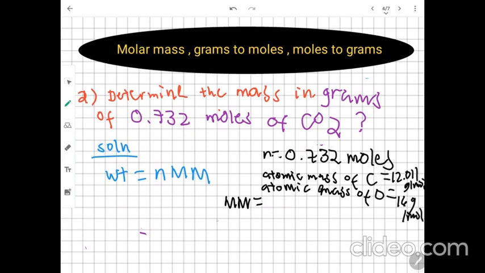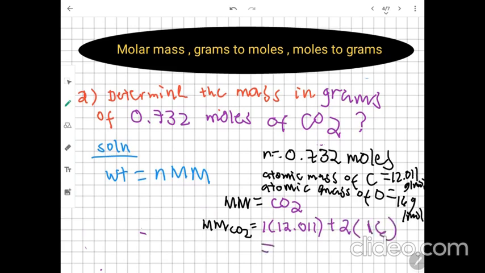Okay? So, para makuha yung molar mass ng ating CO2, you have here 1 carbon. Sa CO2, meron kang, take note, ito yung CO2 mo. You have 1 carbon. The atomic mass or molar mass of your carbon is 12.011, plus you have here 2 times your oxygen, which is 16, right?